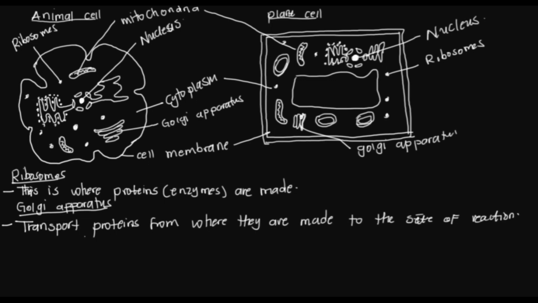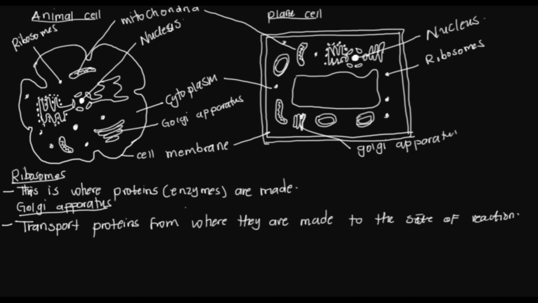So now here, if you want to reduce the answer, if it may seem long for you, you can just say it is a transport system for proteins. Remember, we say the proteins or the enzymes are made in the ribosomes. Now, the ribosome is just like a manufacturing industry. That is where they are manufactured.